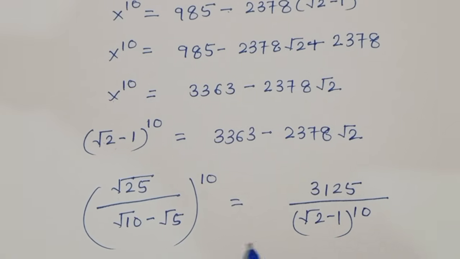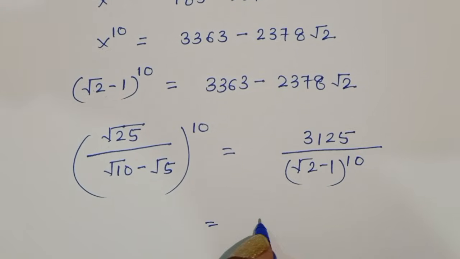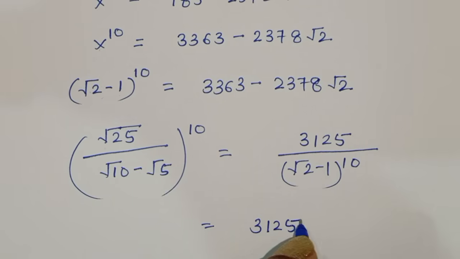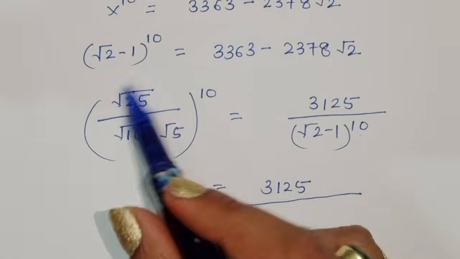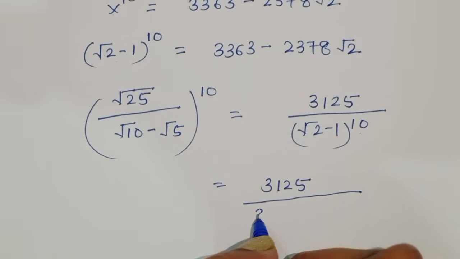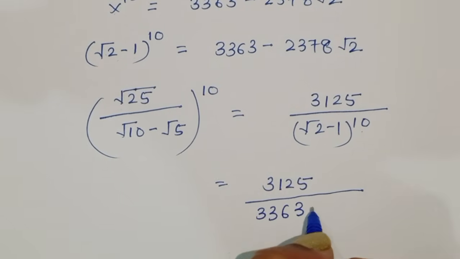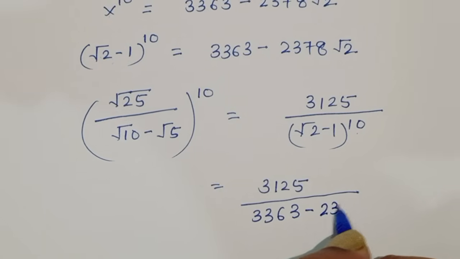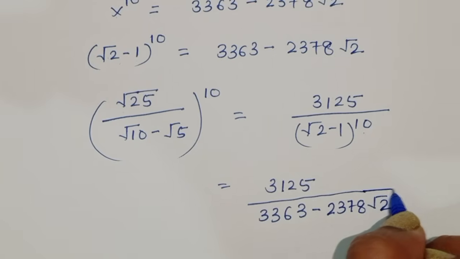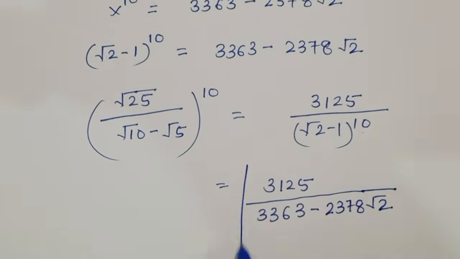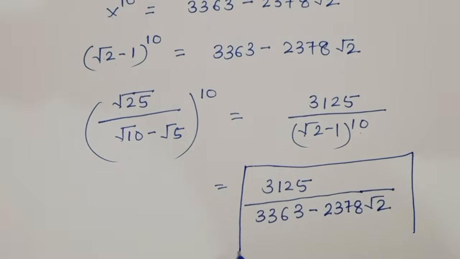So it is equal to 3125 divided by the value of square root of 2 minus 1 to the power 10, which is equal to 3363 minus 2378 square root of 2. And this is the solution for this equation. This is the solution.